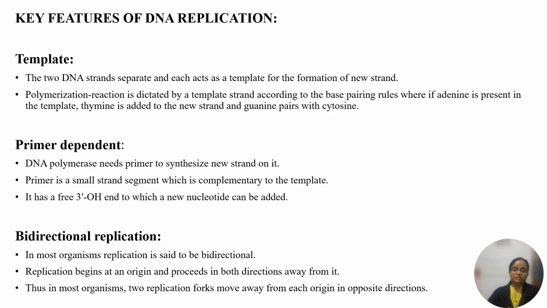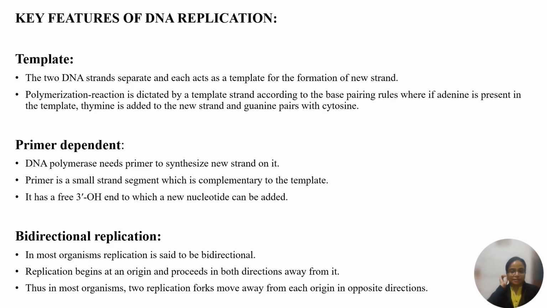So this means that once the replication process is initiated, it leads to the creation of this replication bubble or replication fork. So this bubble or replication fork is created because of the unwinding of the DNA helix.